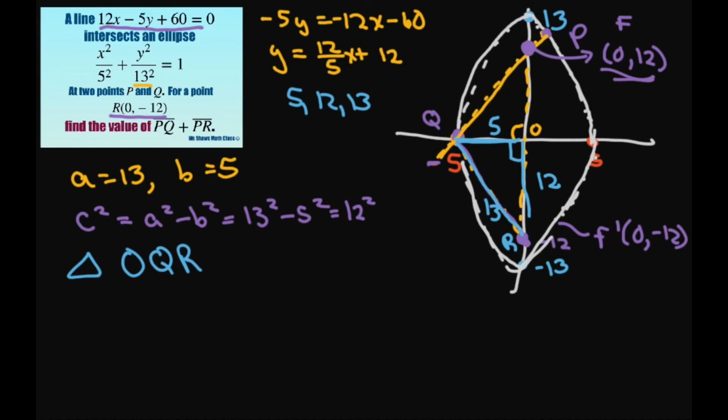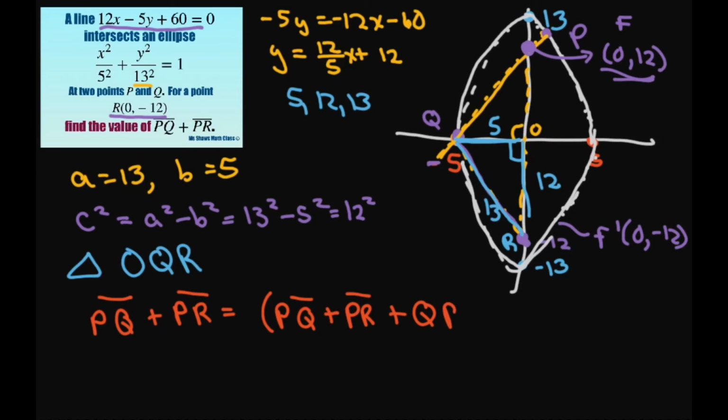Okay, from here, we need to find PQ plus PR. So I'm going to write this as PQ plus PR. And to solve for this, I'm going to add QR and subtract it back out. All right, so here's your QR. We know that's 13, and now we need PQ, which is here, and PR.